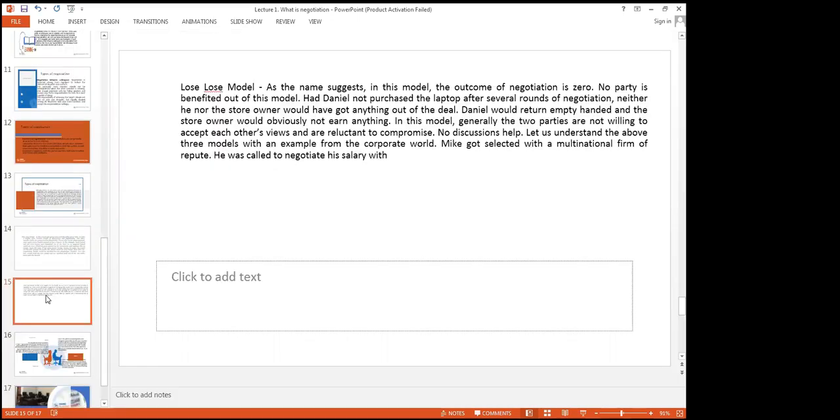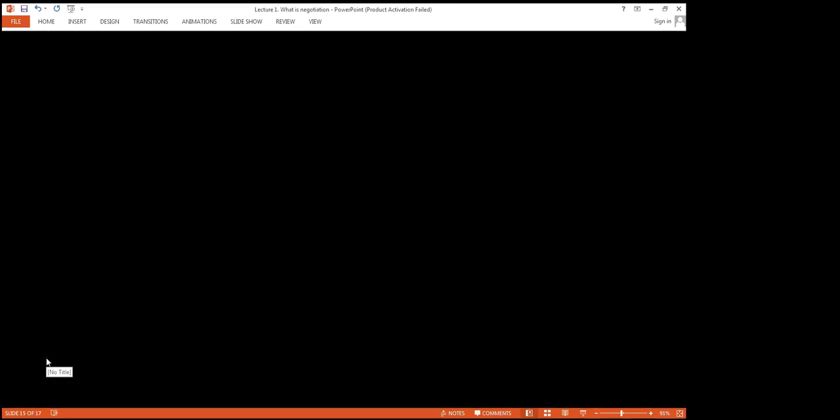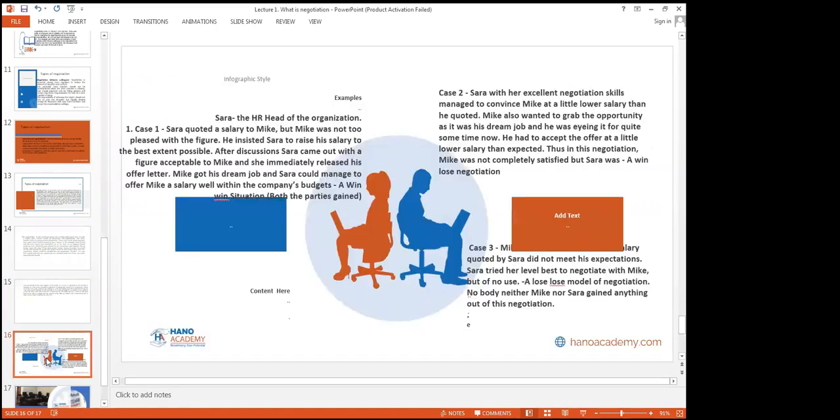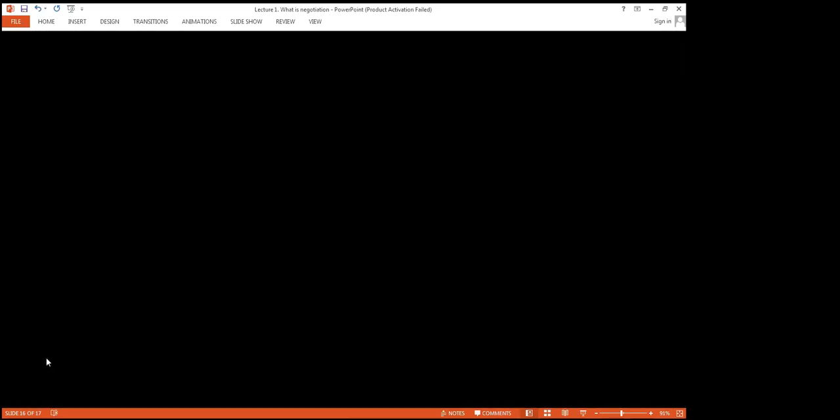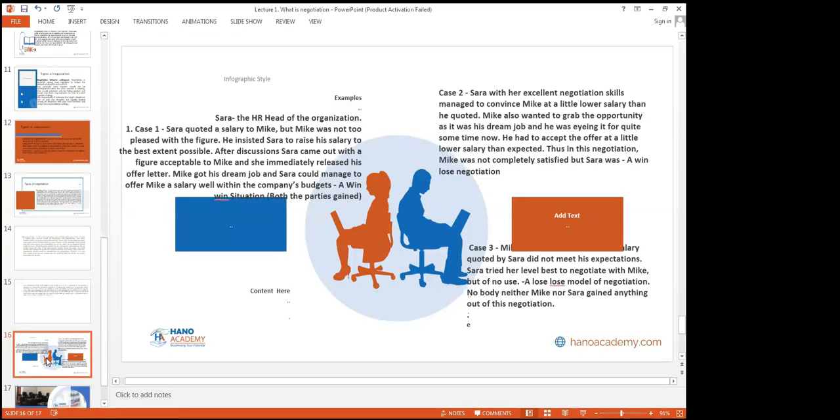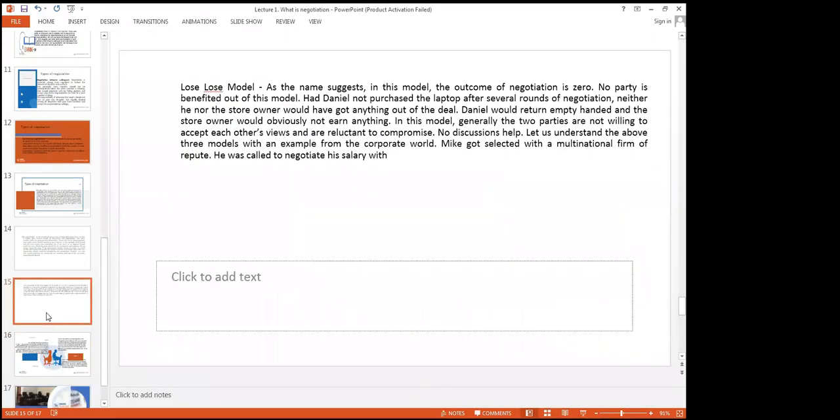No group or person benefits out of it. Remember, negotiation is not only about the purchase of commodities in a shop or in a supermarket. That's not the basis of negotiation. Negotiation can also happen in different forms.